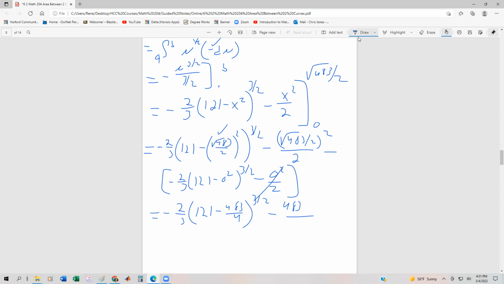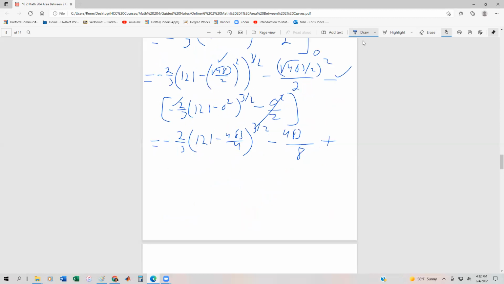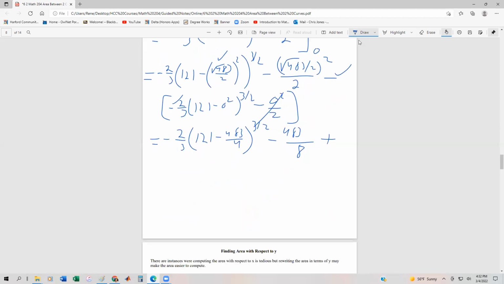We'll just do the algebra there. And then finally, when we finish this off, we have negative 2/3 121 to the 3/2. But we have negative negative, so it's going to turn into positive 2/3 121 to the 3/2 power.